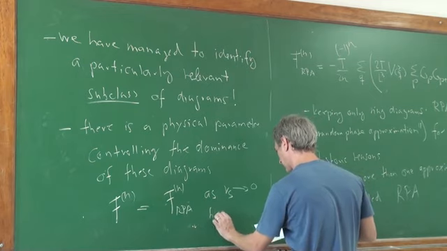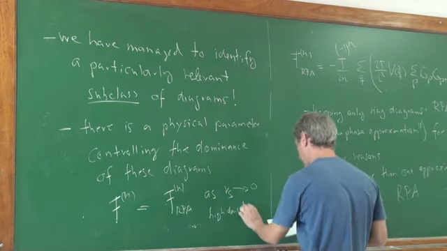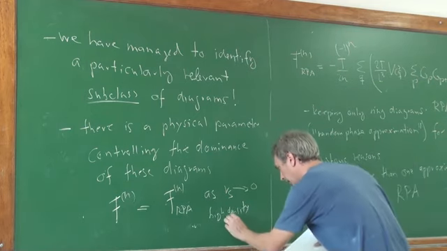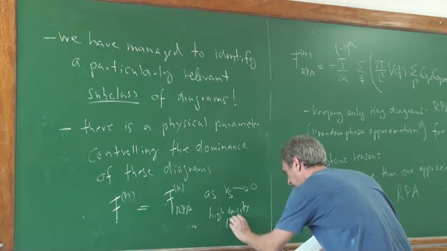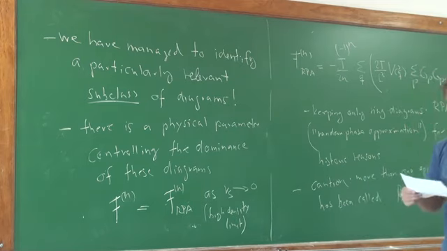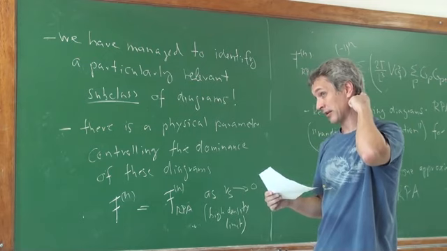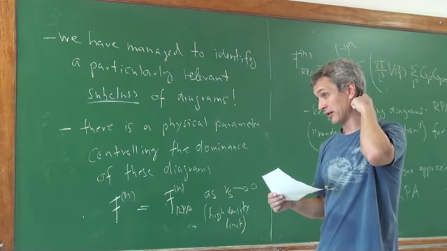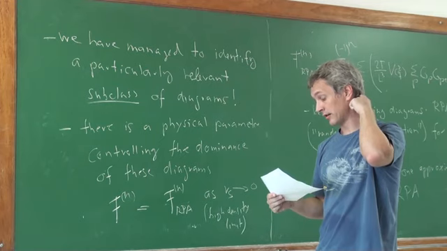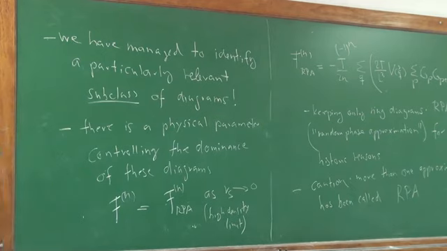So this is in the very high density limit, and in the high density limit that we are interested in, where interactions are also weak, this approximation becomes better and better. Okay? So that conception is an important part.